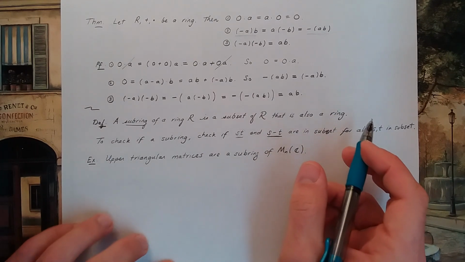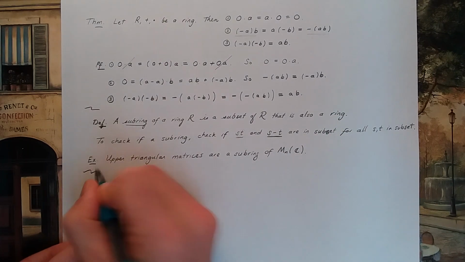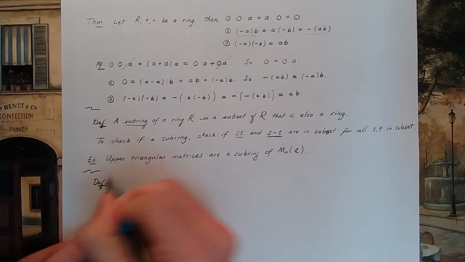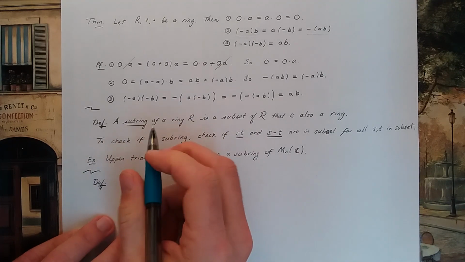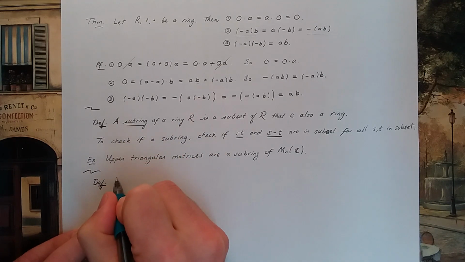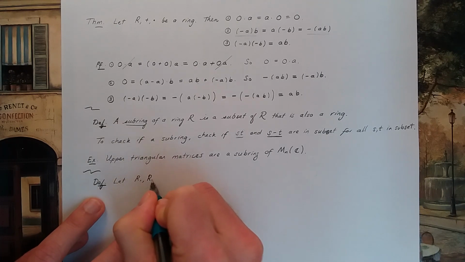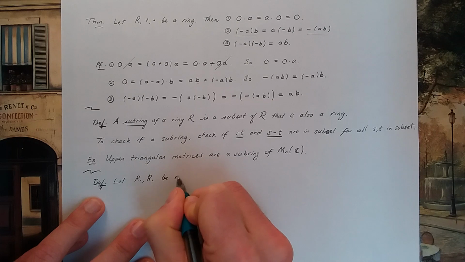Okay, so our next definition is that of a ring homomorphism. So let R1 and R2 be rings.